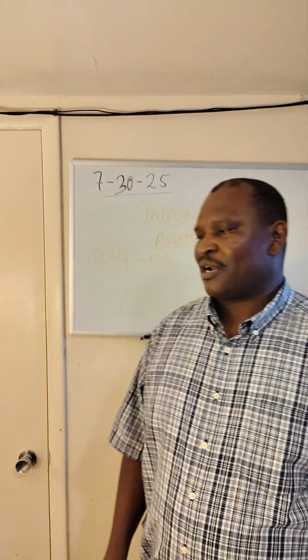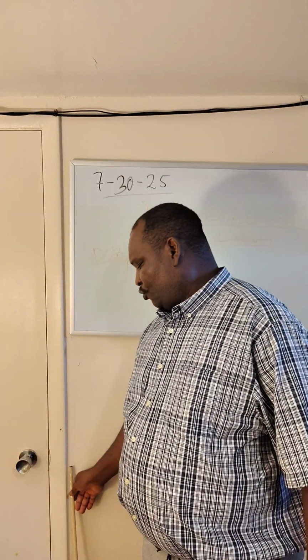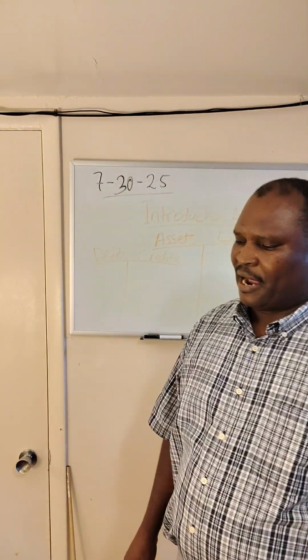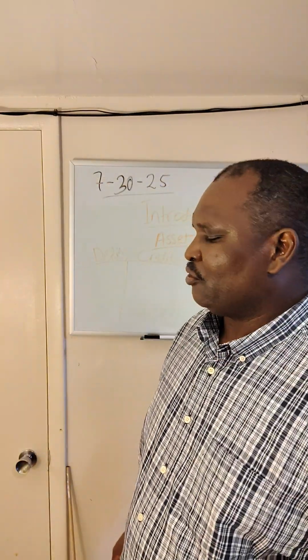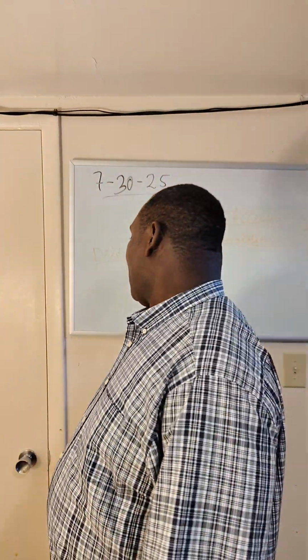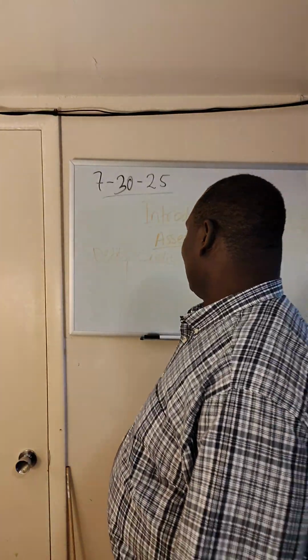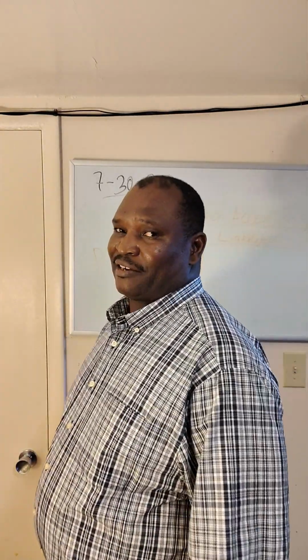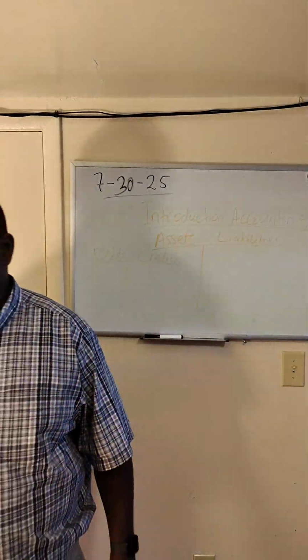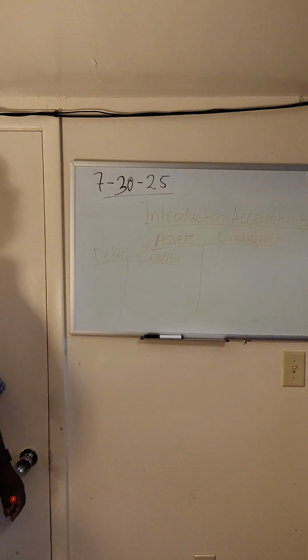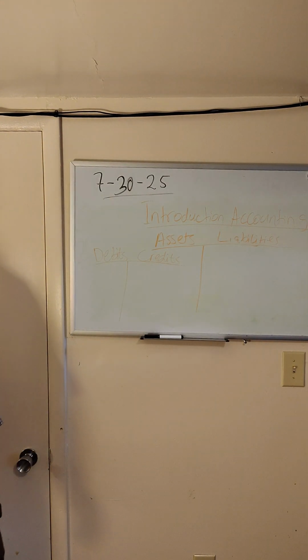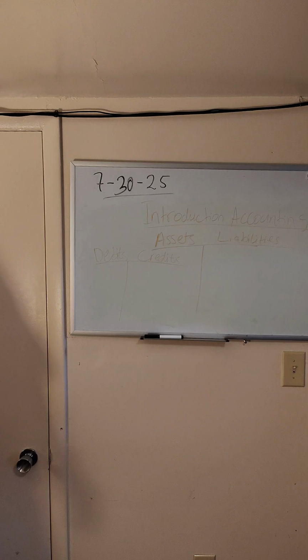So if you are an accountant somewhere, you can use an accounting software to balance all these things. Our introduction is short today, but I believe you learned something, and I've made it as simple as possible.